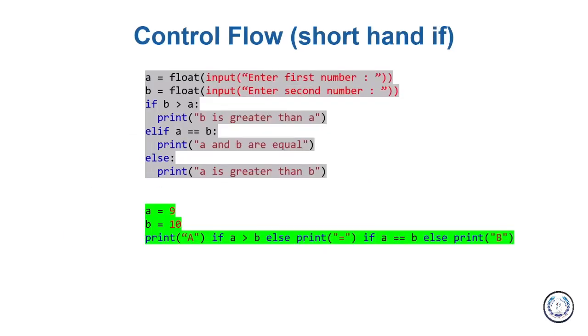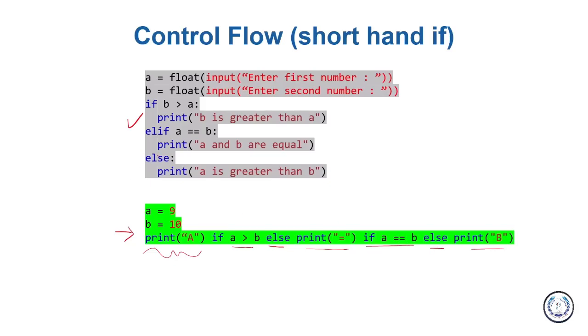Okay, one way of writing this if, else kind of structure, there is a short form as well, which is written down here in this green color, for example. This is the same code that we saw in the last video, but that's the short form. Let's say A equals 9 and B equals 10, then print A if A is larger than B, else print this particular thing if A is equal to B, else print that.